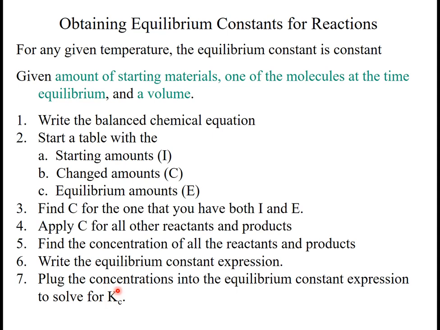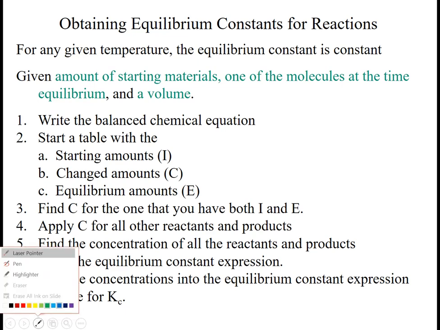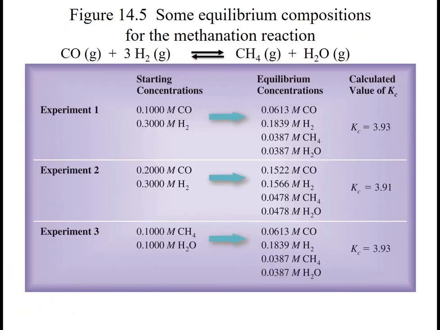So we're going to do a couple of these type of problems. Here's an example of the different values I could have for concentration. And I should not have changed that to pen just yet.